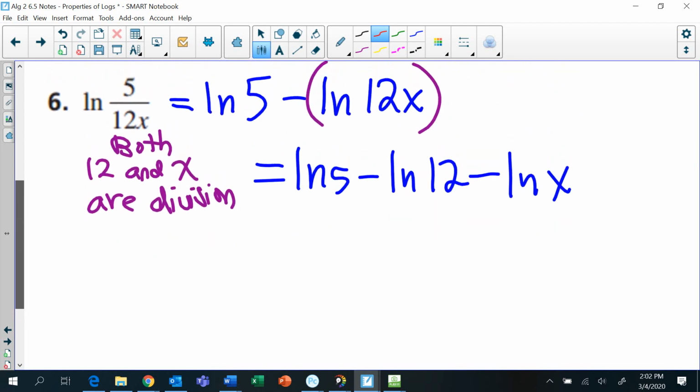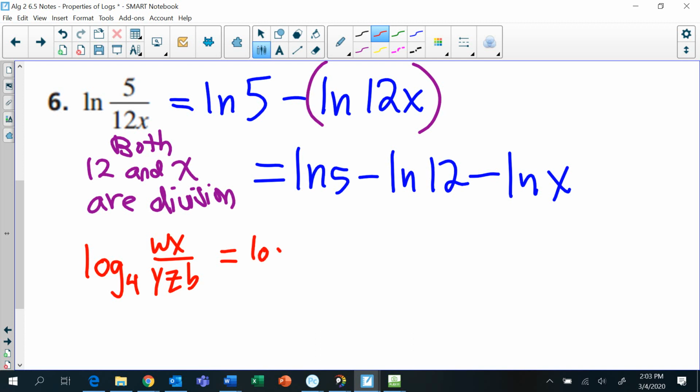So if I had log base 4 of w x over y z, this is going to be log base 4 of w plus log base 4 of x minus log base 4 of y minus log base 4 of z.